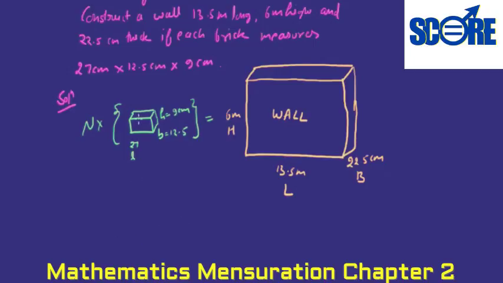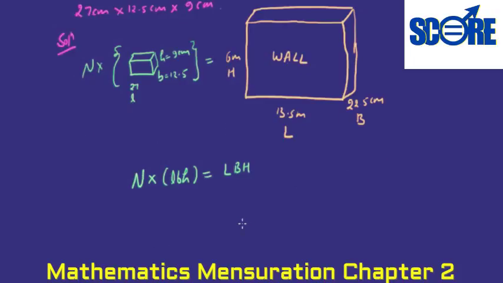The volume of this brick is L into B into H, and the volume of this wall is capital L into capital B into capital H. So we equate their volumes: n times the volume of brick, small l small b small h, equals capital L capital B capital H. So number of bricks equals capital L capital B capital H divided by small l small b small h.